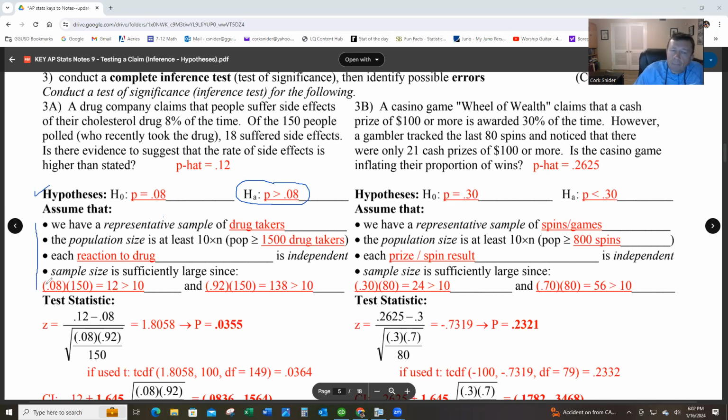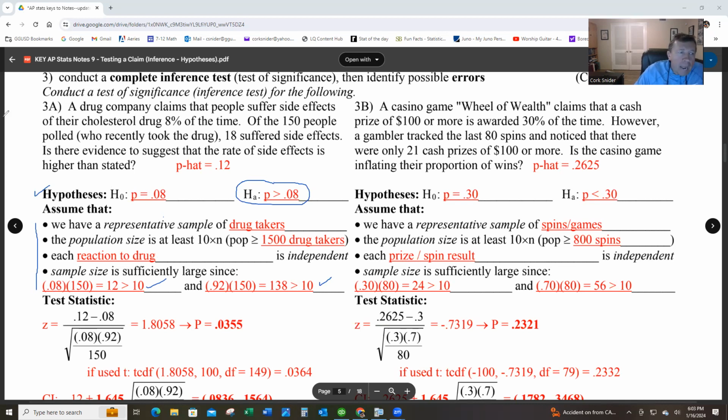They're back. This is the SPIN acronym. Please write, assume the following: a representative sample of drug takers, n times 10. Each reaction to the drug is independent, and then check this one to see if we have a normal curve: n times p and n times 1 minus p.